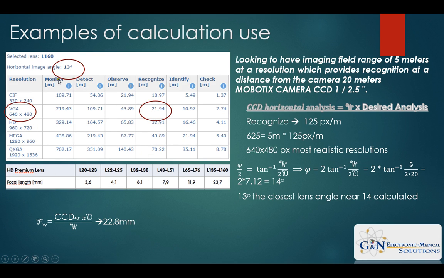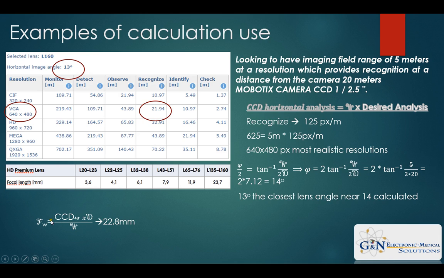So we see from the tables inside the robotics camera support website that if we wish to recognize a person at 21.94 meters, near the 20 meters, we need at least a 640 by 480 with a horizontal angle of 13 degrees. And of course, this is a lens of L160.